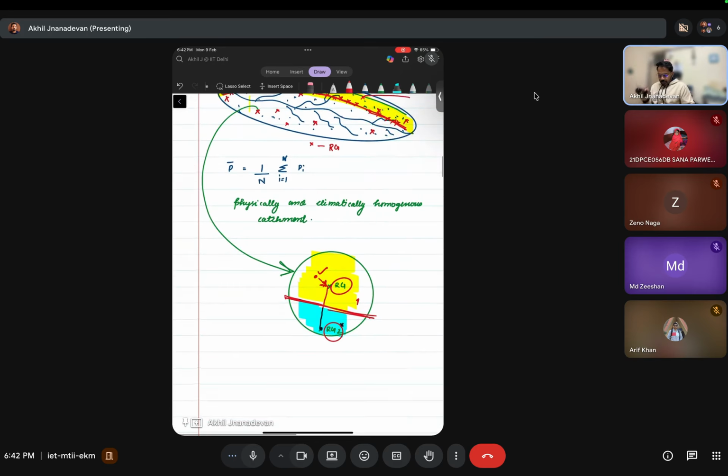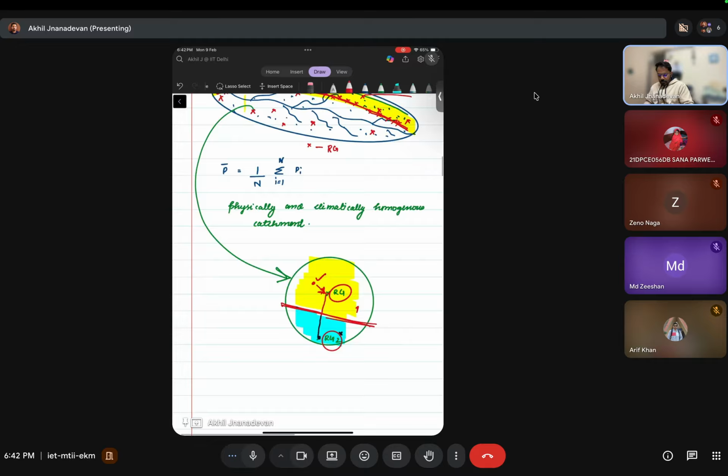Once we know this area and this area, we can calculate A1 and A2. So the average P will be P1, that is precipitation at location 1, into A1, plus P2 into A2, divided by A1 plus A2.